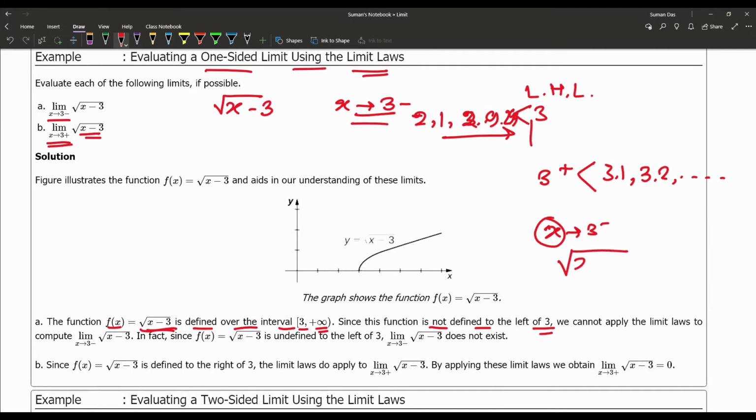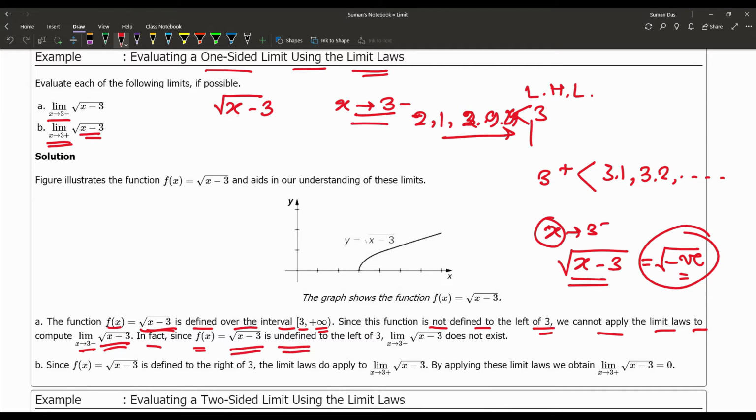So we get the square root of a negative, and it is impossible to find the square root of any negative value. So we cannot apply the limit laws to compute the limit as x tends to 3 minus of the square root of x minus 3. In fact, since f(x) equals the square root of x minus 3 is undefined to the left of 3, the limit as x approaches 3 minus of the square root of x minus 3 does not exist.